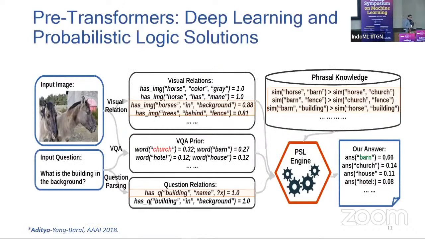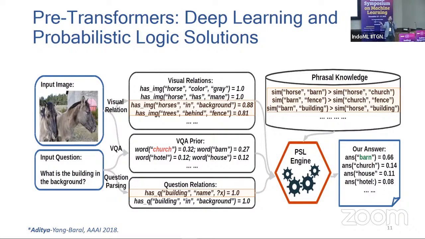In the pre-transformers era, we used to have these pipelined systems where you use deep learning predictions, then a probabilistic logical reasoning engine to refine those predictions. If you look at what is happening here, for example, there is an image and there is a question. We are first trying to represent the information in the image and the question as a graph, let's say.